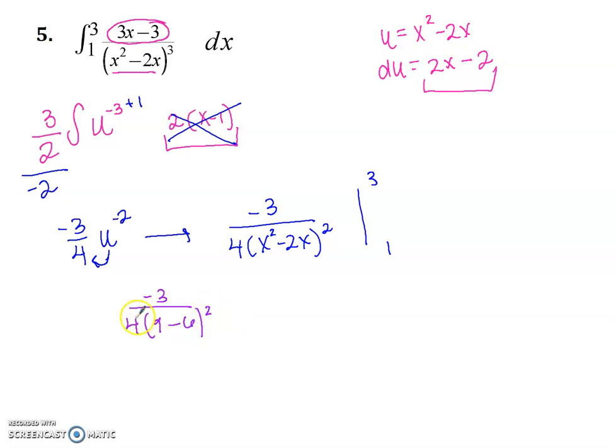Squared is going to give me 9, times 4 is going to give me 36. So this is going to be negative 3 over 36, which I can reduce to negative 1/12. And then I'm going to plug in 1, and that's going to give me negative 3/4. So I'll have negative 1/12 minus a negative 3/4.